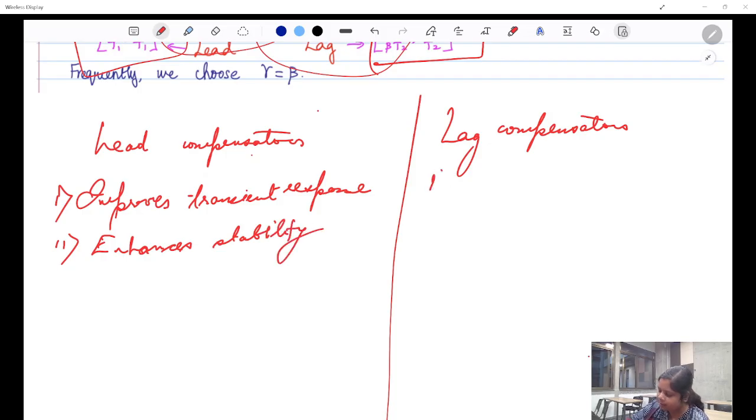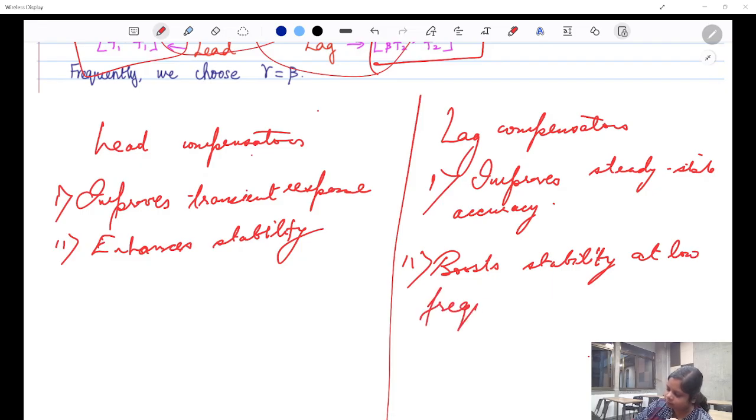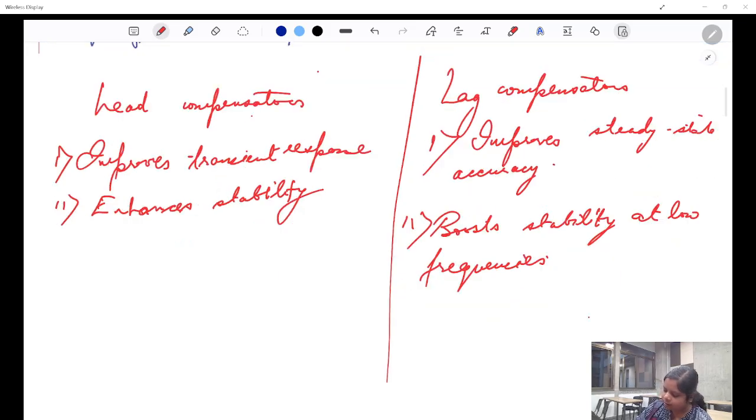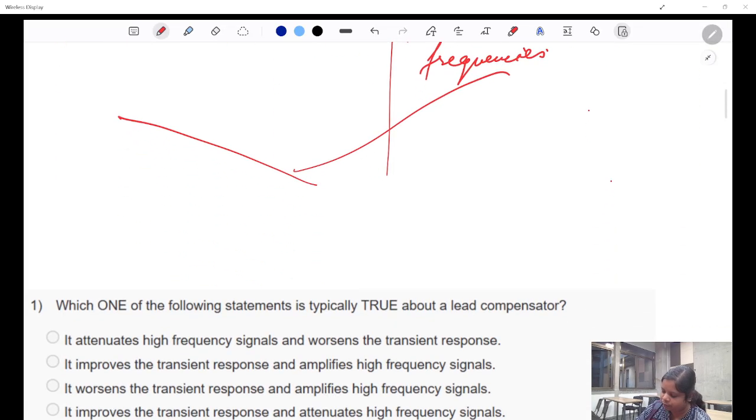And the lag compensator improves steady state accuracy and boosts stability at low frequencies. But if we have a combination of both of them, then it would be helpful.